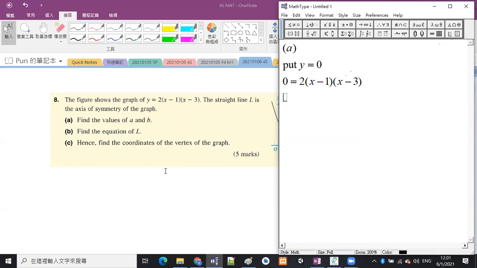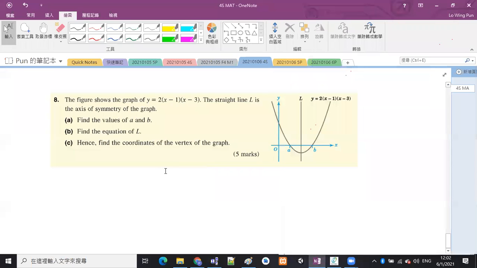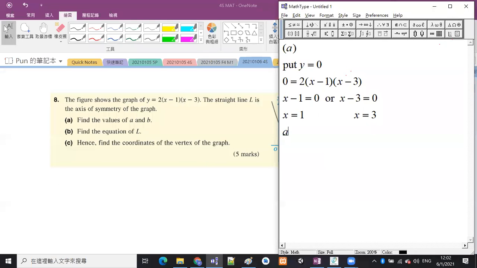It is already factorized, so x minus 1 is equal to 0 or x minus 3 is equal to 0. The 2 can never equal 0, so we can cancel it. So x is equal to 1 or x is equal to 3. The smaller one is 1 and the larger one is 3. Therefore, A is equal to 1 and B is equal to 3.